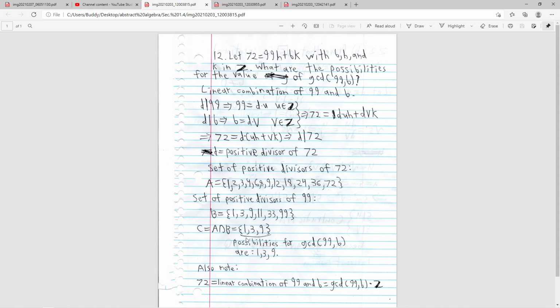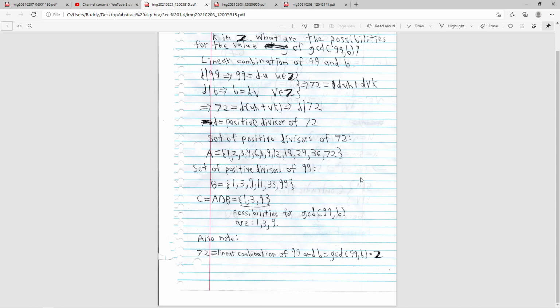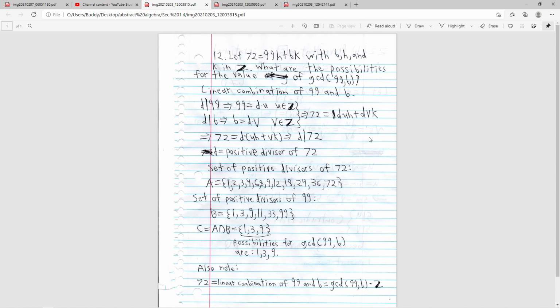And so 72 equals d times this expression, so d divides 72. So what this is stating is that d is in the set of positive divisors of 72.